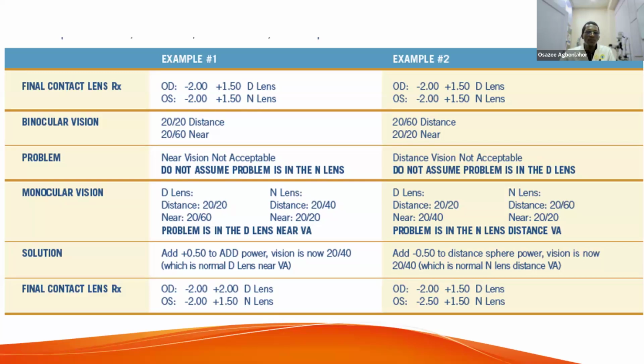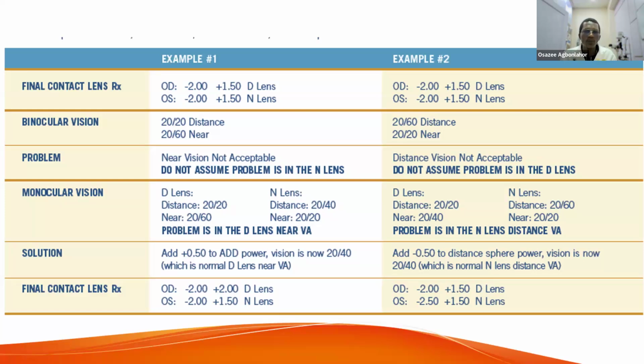Assuming the patient's right eye is the dominant eye in this case. When you tested visual acuity binocularly, you have distant vision at 20/20, and near vision at 20/60. 20/60 is poorer than 20/40. So this patient will not be comfortable at near, and they will tell you, I'm not really enjoying my near vision.